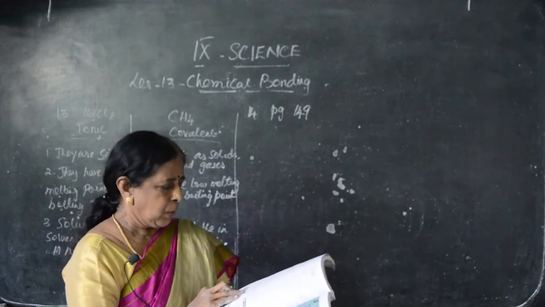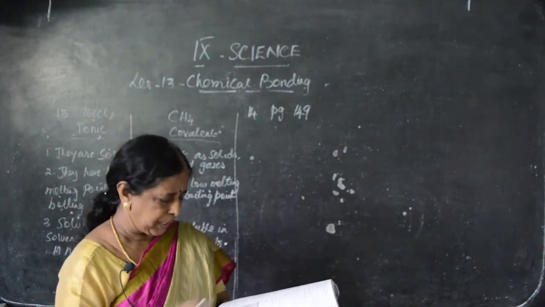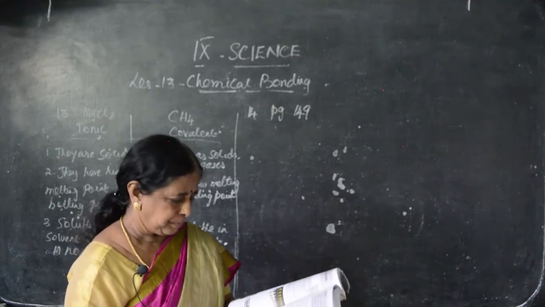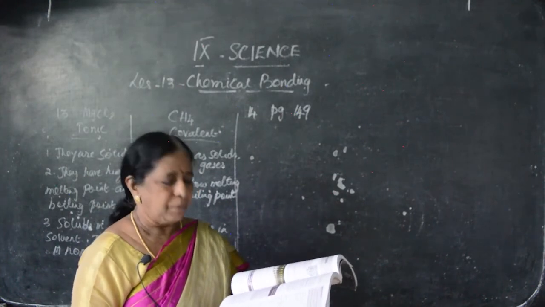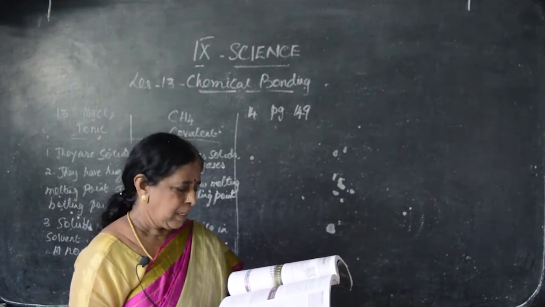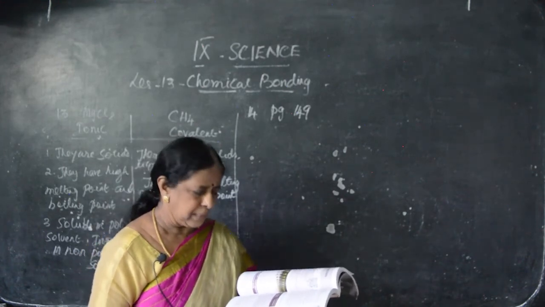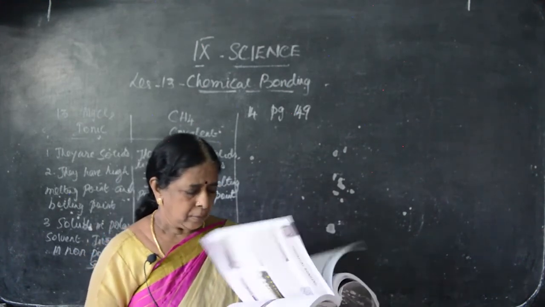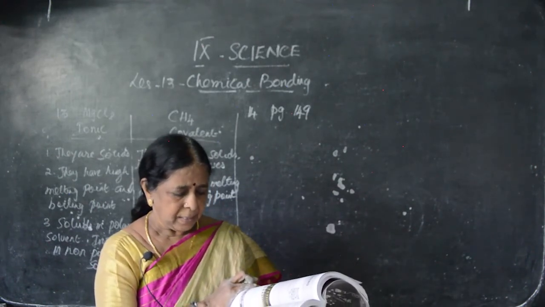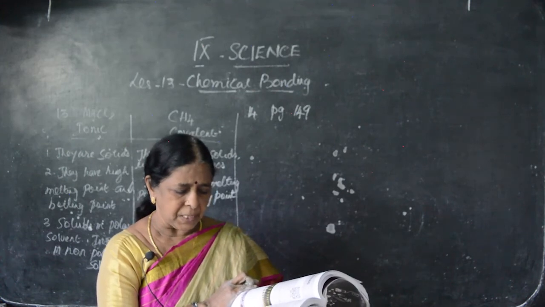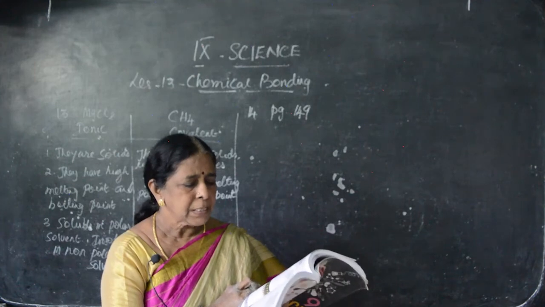Okay. Why are noble gases inert in nature? Now take page number 149. The first side. Last paragraph, 5th line. Did you take it? Last paragraph, 5th line. Thus by having stable valence electronic configuration.